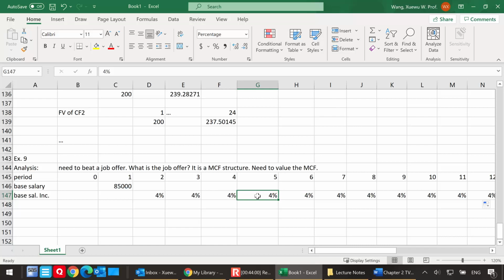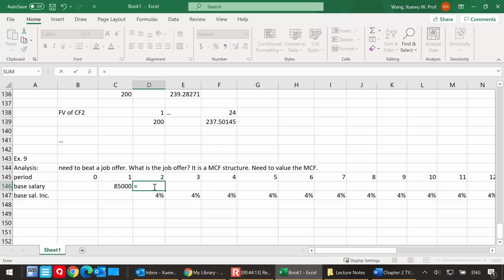I can still put down whatever percentage this person is getting for the salary raise and put that down for the corresponding year. And if that's the case, I can quickly find out the base salary in the second year. So the base salary in the second year is going to be the first year base multiplied by 1 plus the salary growth in the second year. So in the first year, the person gets 85,000.